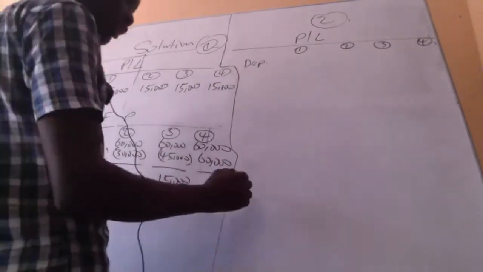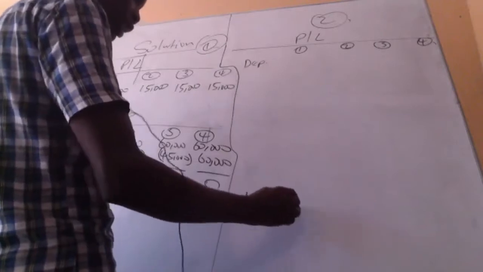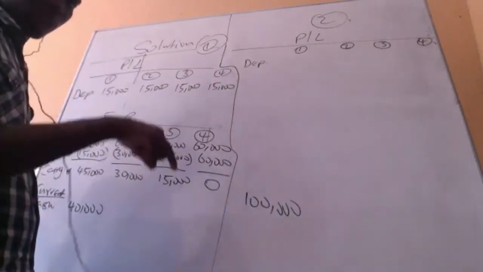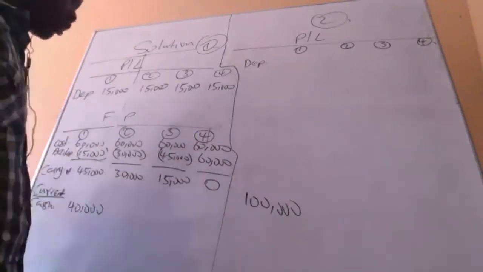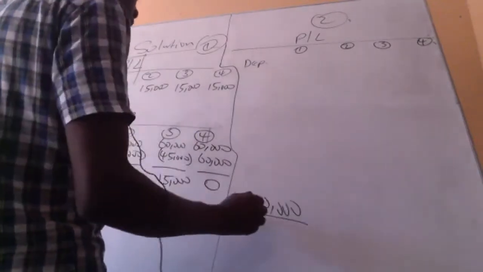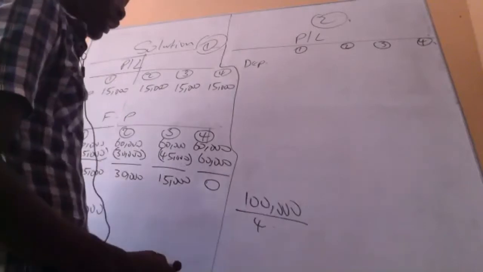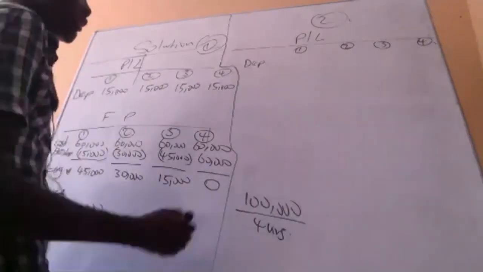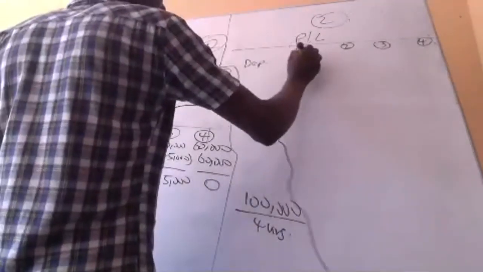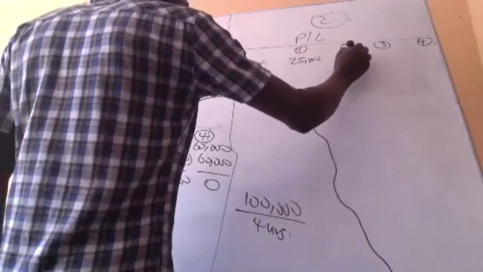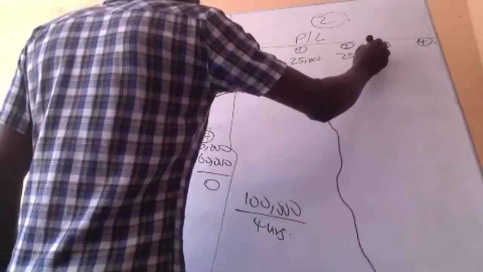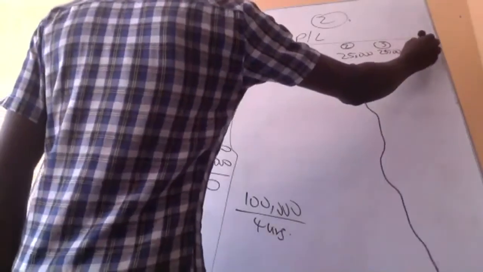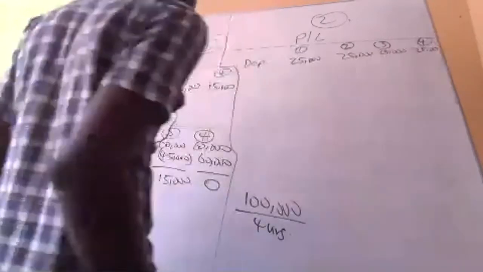The original cost of the asset is what? 100,000. Divided by 4 years, that gives us 25,000. So your depreciation will be 25,000 per year.